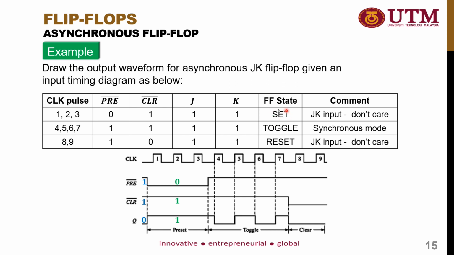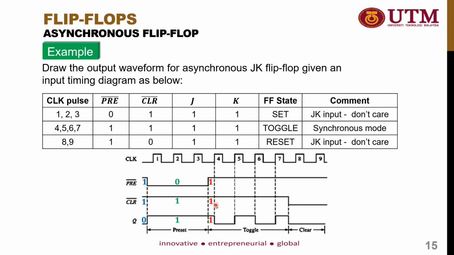When the flip-flop is set, the Q output will automatically become 1. It doesn't matter what the clock input signals are. It will keep the flip-flop in set mode until you see here the change where PRE bar is set to 1 and CLR bar is set to 1 again.